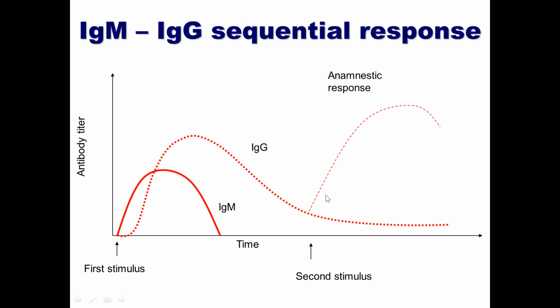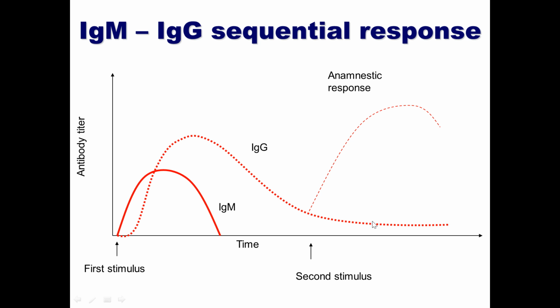What concentration? See this graph. This is the first time of infection, and this is the second time of infection. During the first infection, the concentration of IgM will be high, right? When the concentration of IgM is low, after that the concentration of IgG will be high.